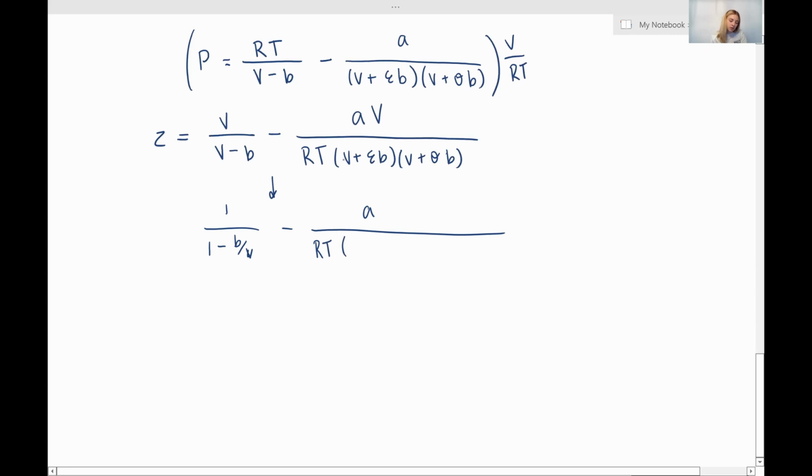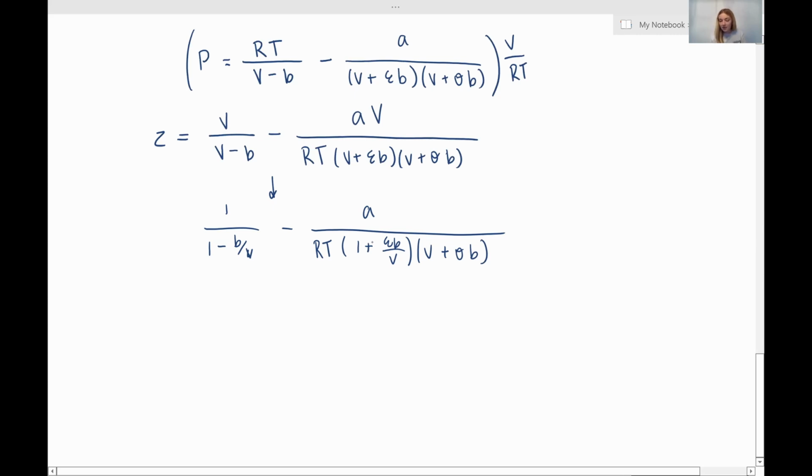And we can pick one of these to divide V, so I'm going to pick this first one with epsilon. So we'll have 1 plus epsilon b over V, then V plus epsilon b. I'm sorry, that's plus, not minus.